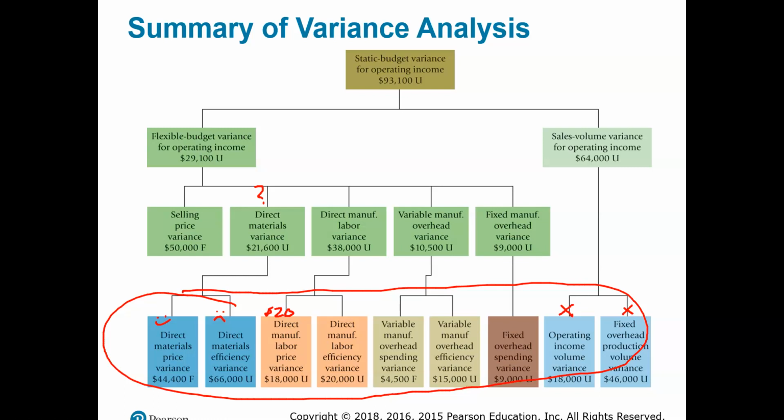And what you're typically going to find in a number of situations is that there's a lot of interconnectivity with these different variances. You're going to see some things that may relate to materials that also have a spillover effect to direct manufacturing labor, and then also to variable manufacturing overhead.